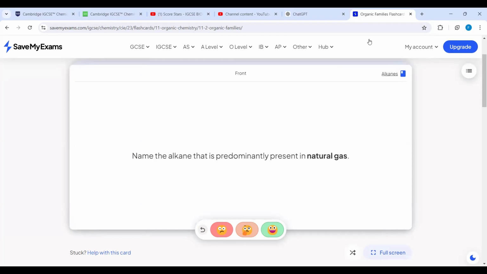Name the alkane that is predominantly present in natural gas. The alkane that is present in natural gas is methane. It is methane.